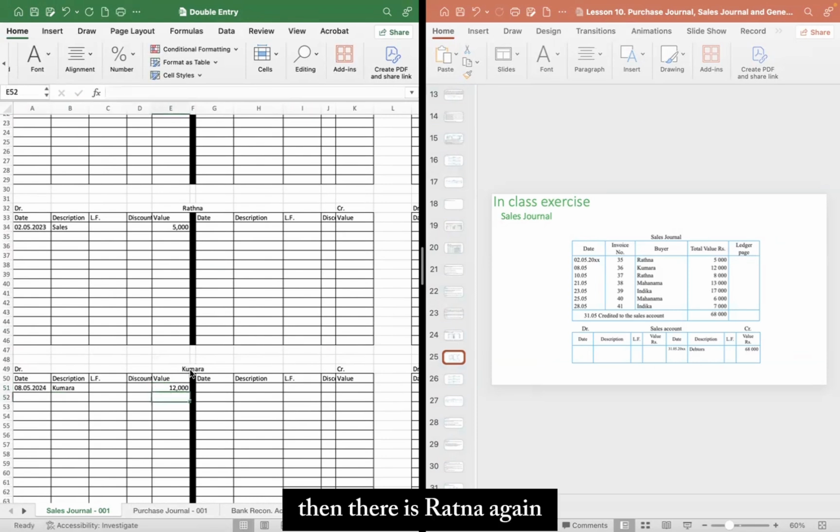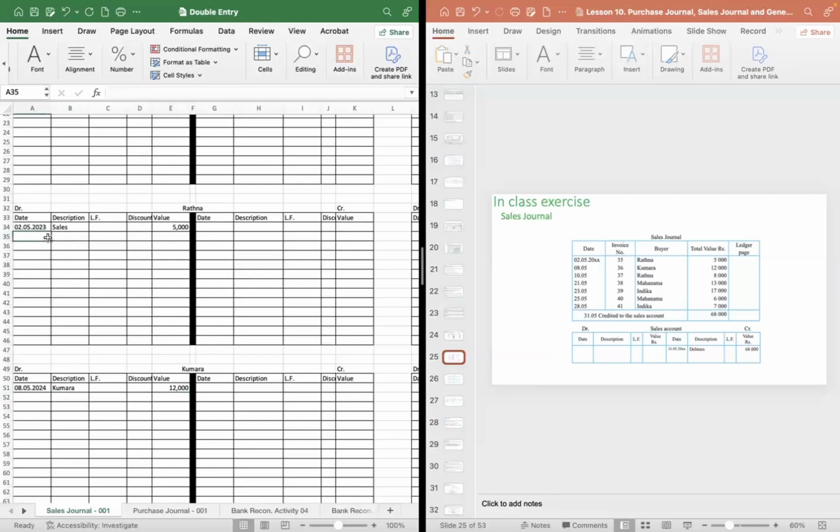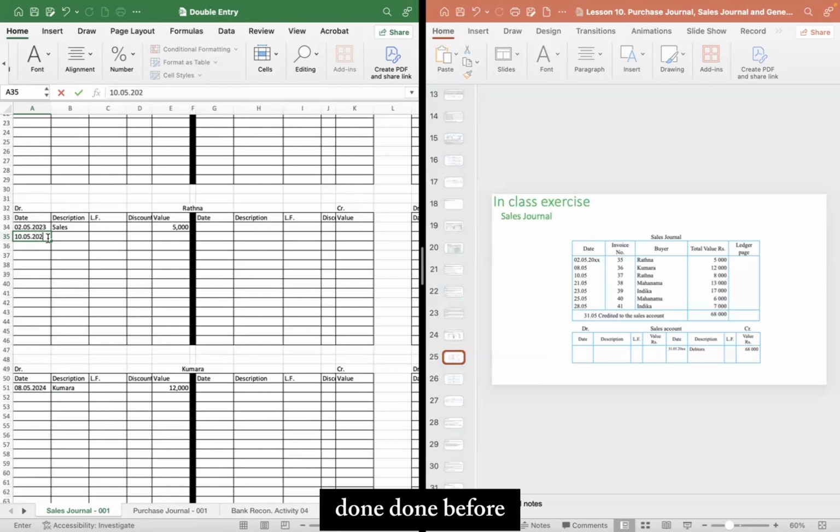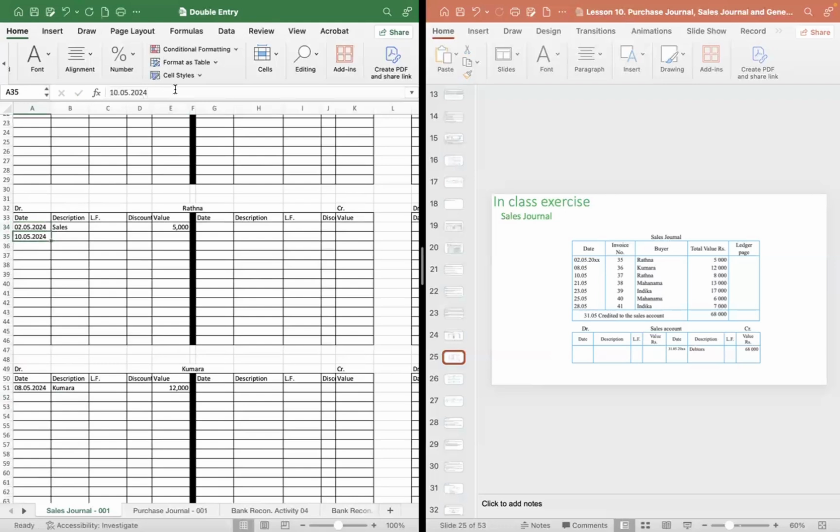Then there is Ratna again. Date is 10/05/2024. Sales 8,000.